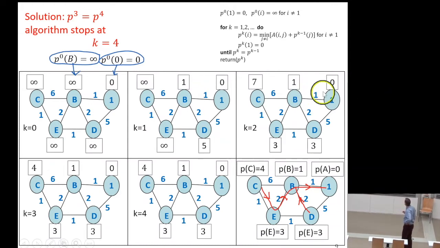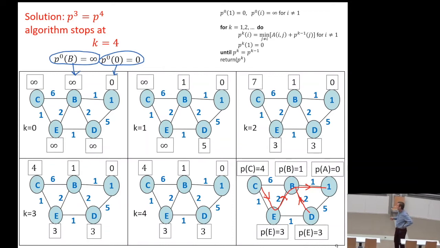At iteration 2, that's the distance we have if we are allowed to use up to 2 hops. Right? So we see C had found a value of 7, which is the value it finds here. At the end, C will find a better path, but that's a path in 3 hops. It gives a distance of 4, but we'll find it at iteration 3.